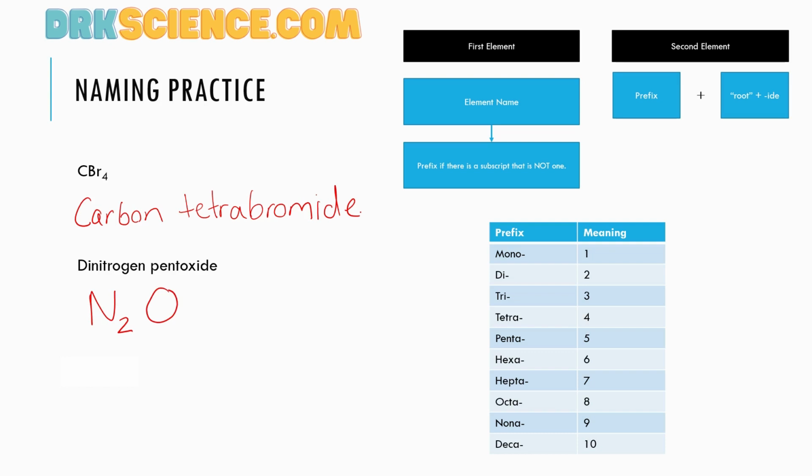So in this case, we can put O, 5. Dinitrogen pentoxide would be N2O5. So in this case, these are all of our practice problems. We can go through all of these covalent and ionic naming now, and we can name them according to the rules for our binary and ionic nomenclature.